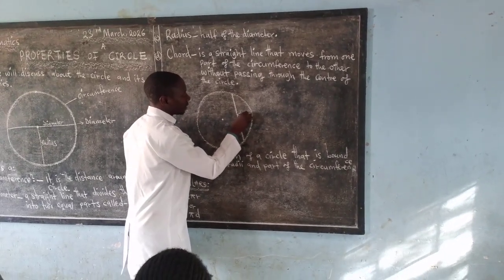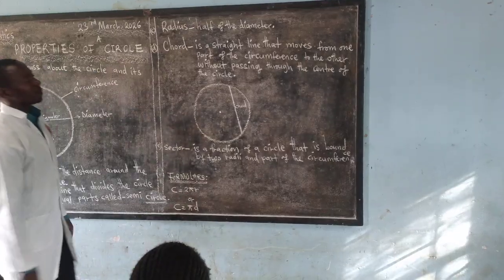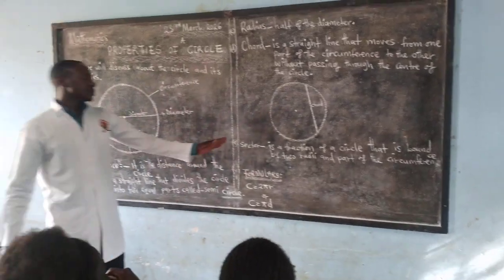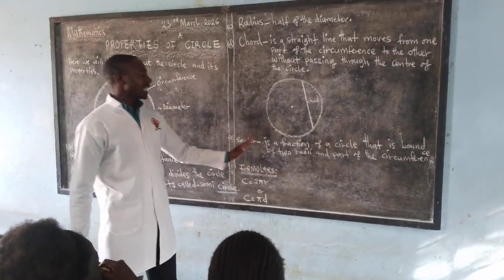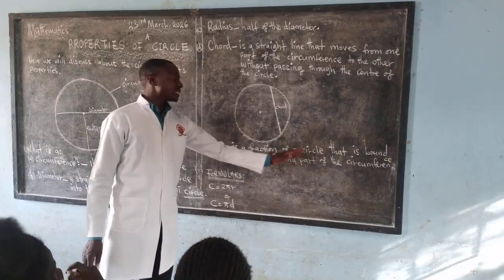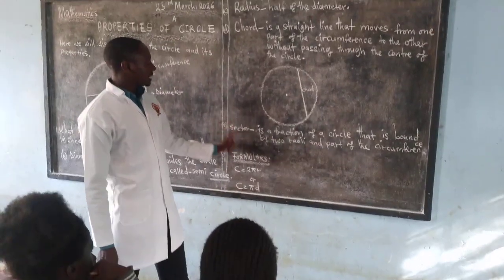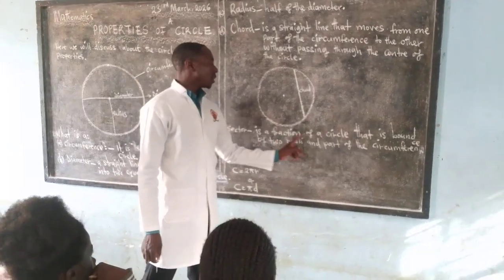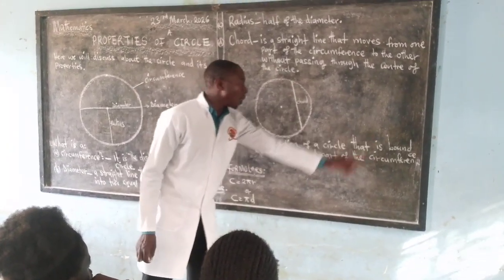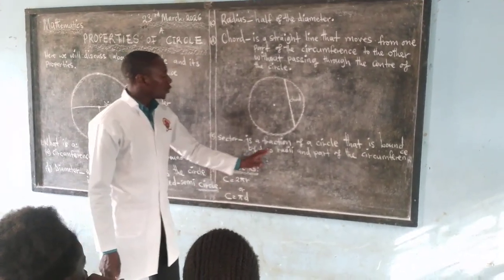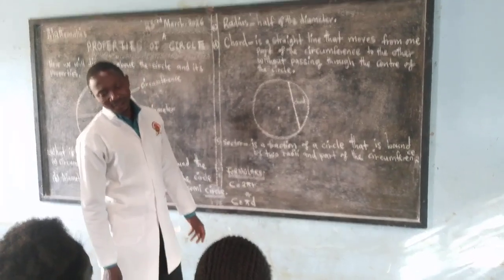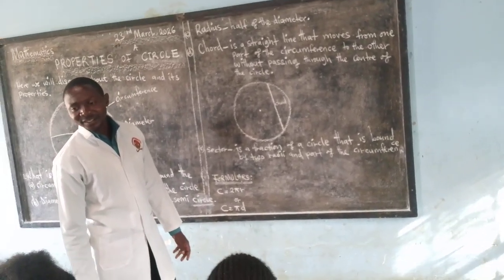Let's come to the sector. A sector is a fraction of the circle that is bound by 2 radii. What is the plural form of radius?